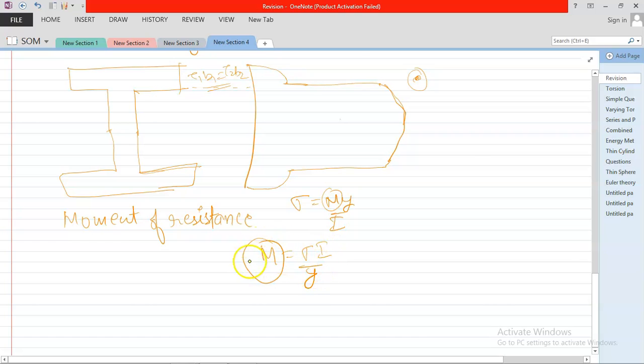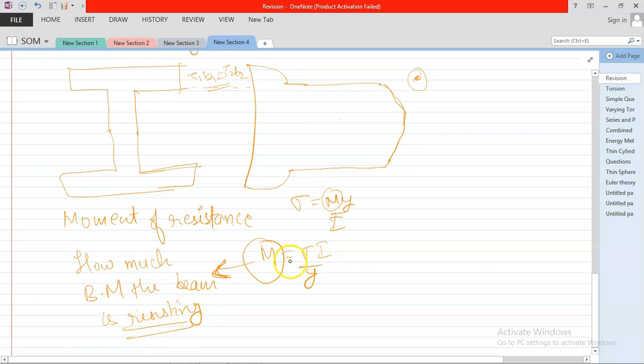This is the moment of resistance, that is, how much bending moment the beam is resisting.